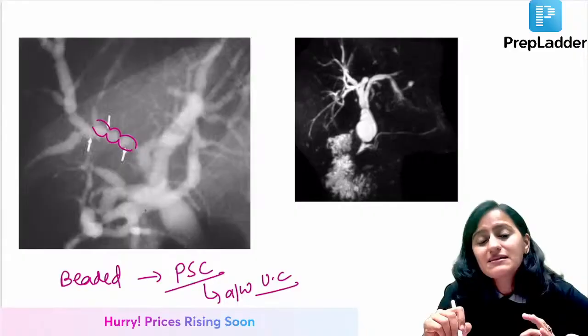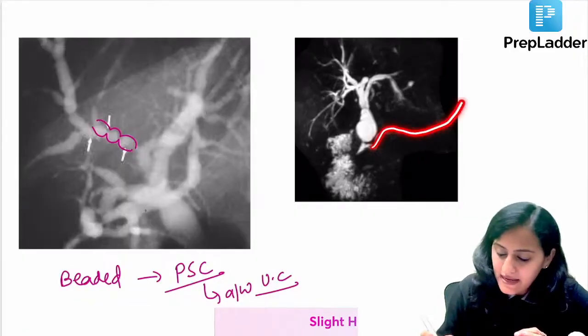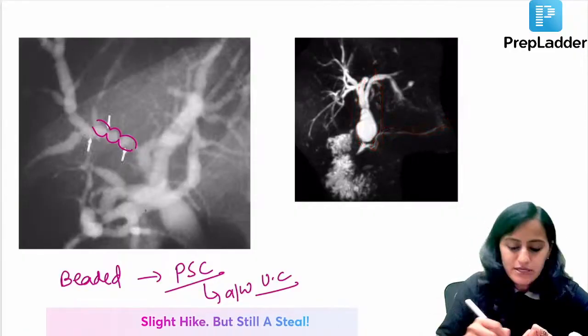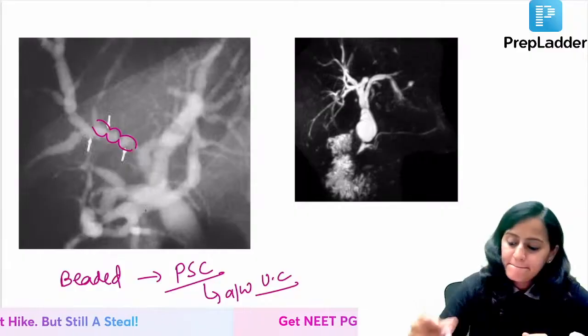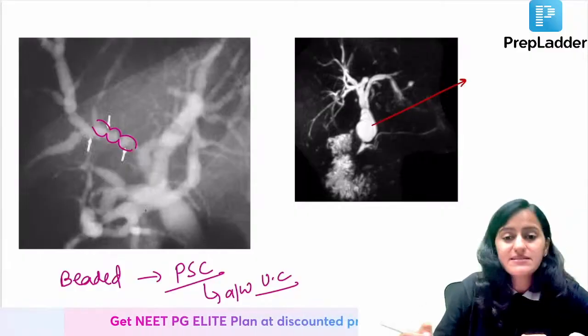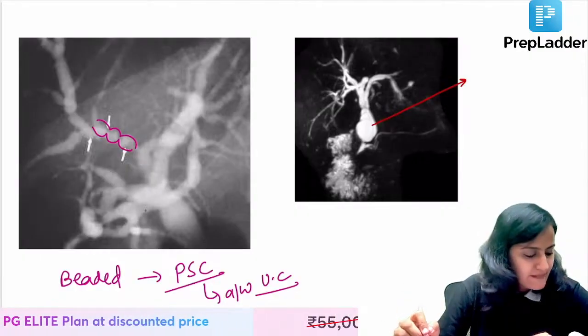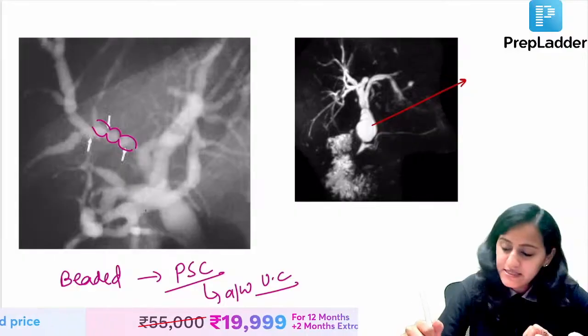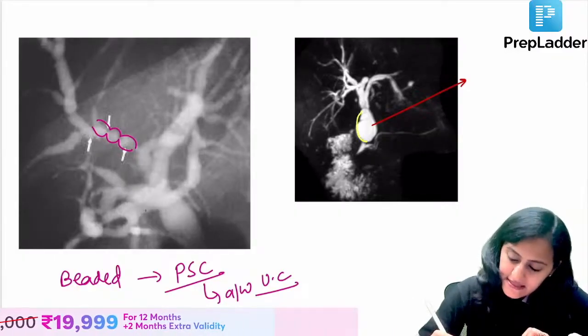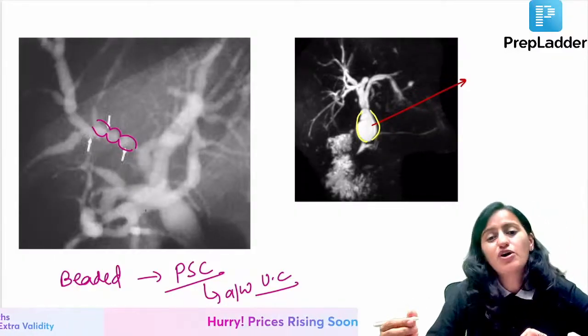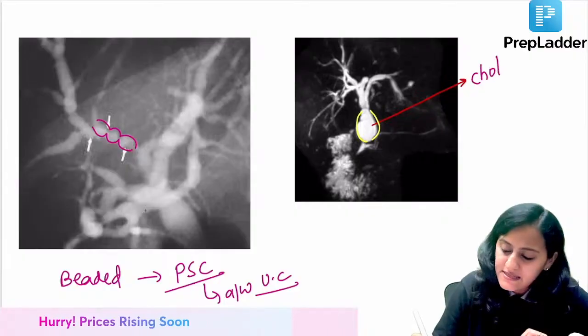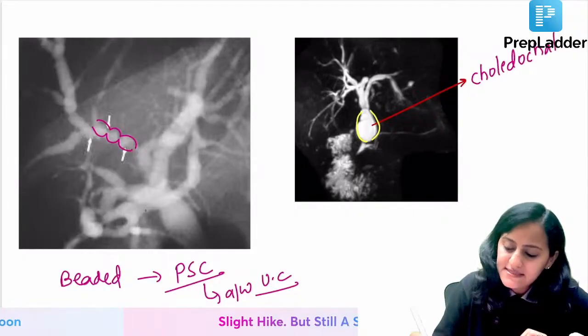This is MRCP. This is the pancreatic duct. This is the CBD. What is the diagnosis here in the second image? Very good. Correct. This is basically the CBD, which is showing this fusiform dilatation. This is choledochal cyst.